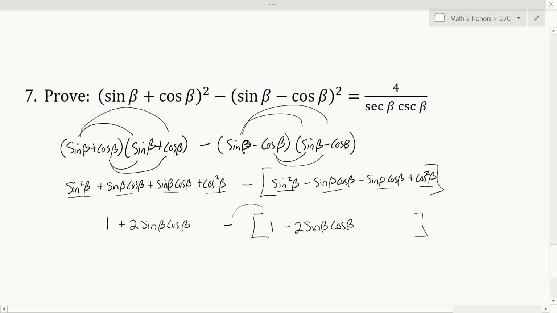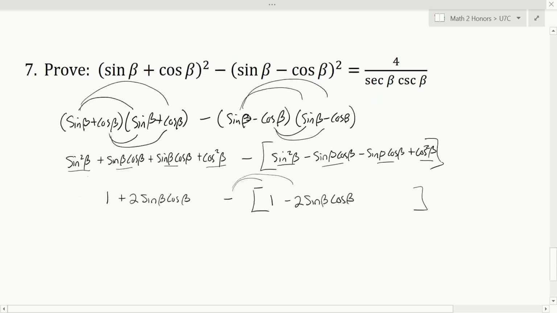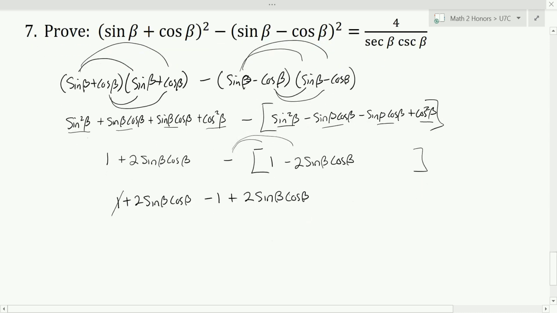Now I'm going to distribute that minus sign. When I distribute, I get 1. I'm going to repeat this part. And I'm hoping that you're comparing this with your work to see maybe how far you made it, right? And then the 1 minus 1 is 0, and we can combine these and get 4 sine beta cosine beta.